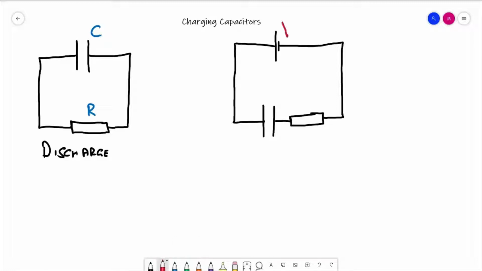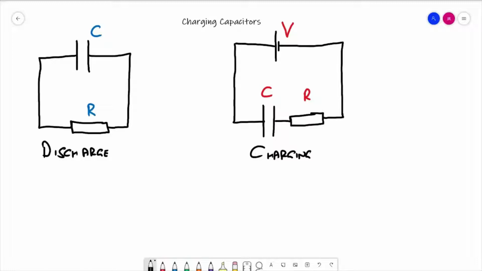So we've got our source that will have a potential difference of V, and we've still got a capacitor of capacitance C, and we've still got a resistor of resistance R. So that then is the charging circuit.